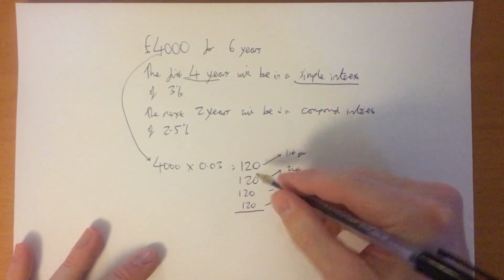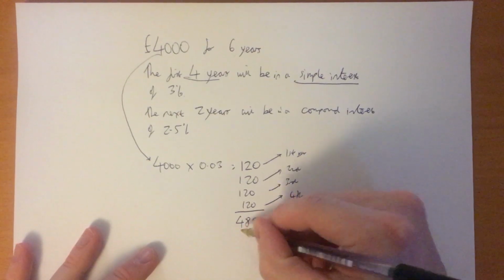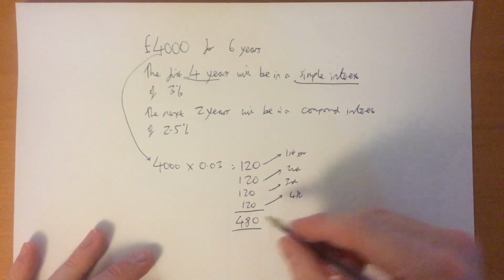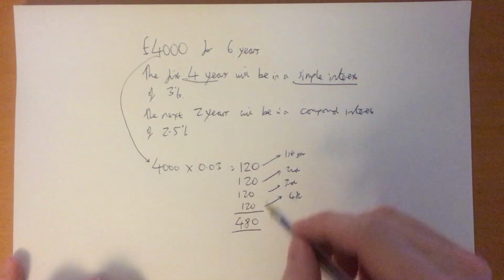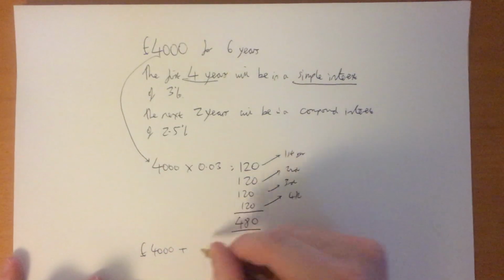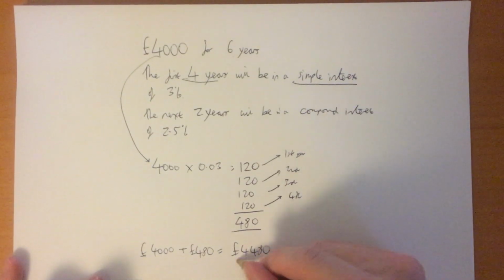Okay, so added all together, that's going to be 480. So at the end of 4 years, it'll be 4,000 plus 480, which is 4,480. So that's what it will be at the end of the 4 years.